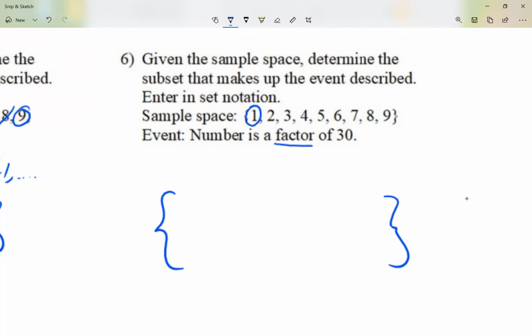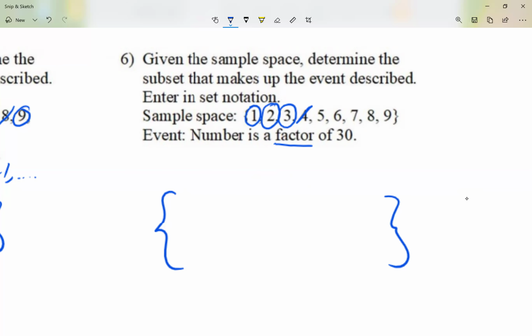Can I go 30 divided by 2? Yeah, 30 divided by 2 is 15, so yeah, it's good. Can I go 30 divided by 3? Yeah, that gives me 10, right? Gives me a whole number. Can I go 30 divided by 4? Now that gives me a decimal. Okay, so 4 is not a factor of 30.